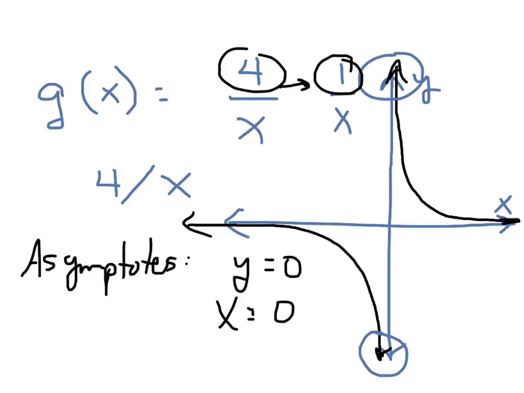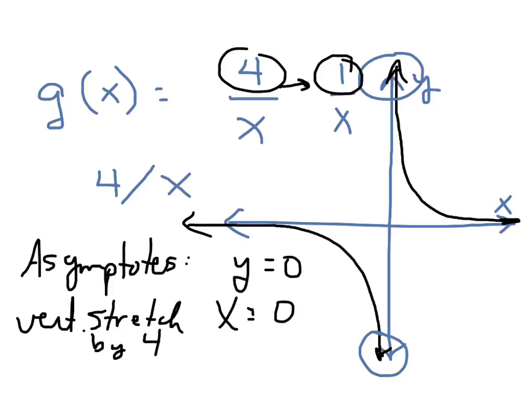Okay? So for this particular thing, the change was from a 1 to a 4. Guess what that did for us? That is a vertical stretch by 4. How did I get that?